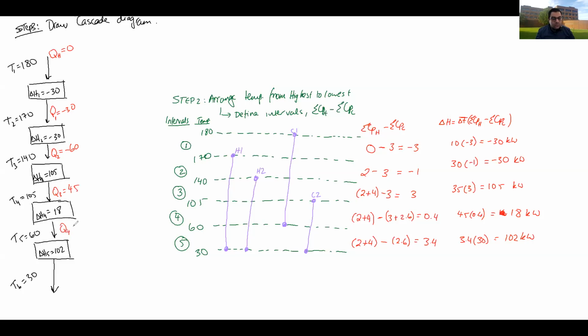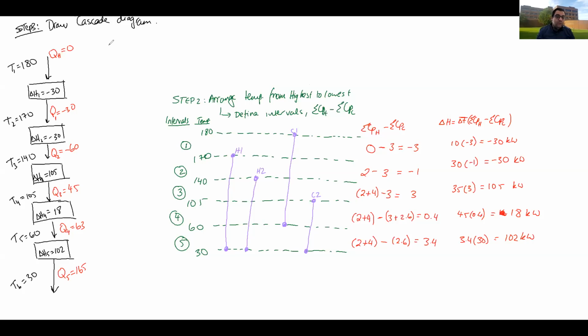Q4, 45 minus 18 is 63, right? And Q5 at the bottom here, 63 plus 102 is 165. So I just drew my cascade diagram. That's it.